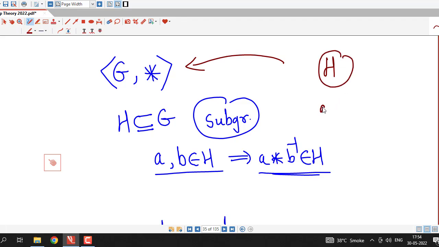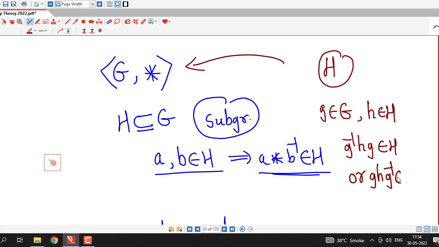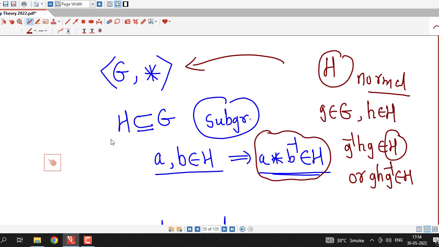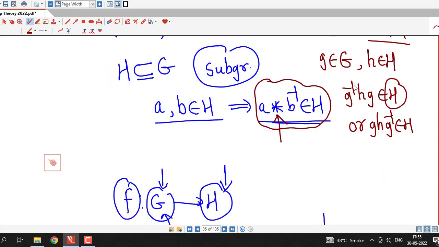That extra condition is, if we take any element say g in group G and any element say h in subgroup H, then we must have g inverse h g belongs to H, for H to be a normal subgroup of group G. These are the definitions which we have seen in earlier lectures. So first we will prove that kernel of F is a subgroup of group G, and then we will prove that it is a normal subgroup.